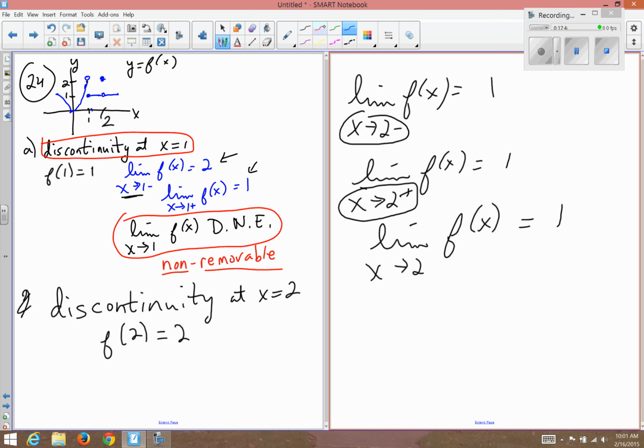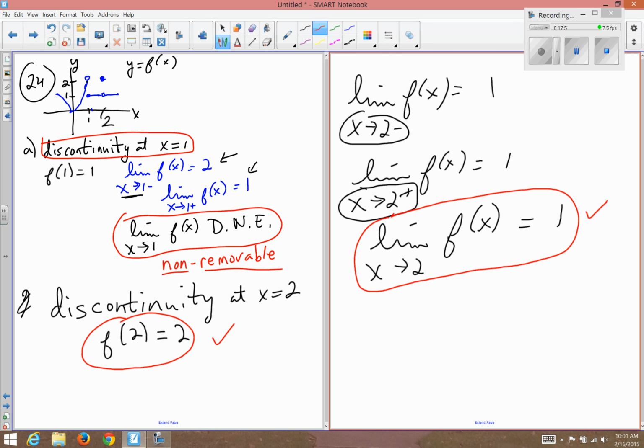So continuity. You need f of 2 to exist. Check. You need the limit of f of x as x approaches 2 to exist. Check. So why did I say there's discontinuity at x equals 2? It's because f of 2, which is 2, and the limit of f of x as x approaches 2 are not the same number. One of these is 2, the other one is 1.